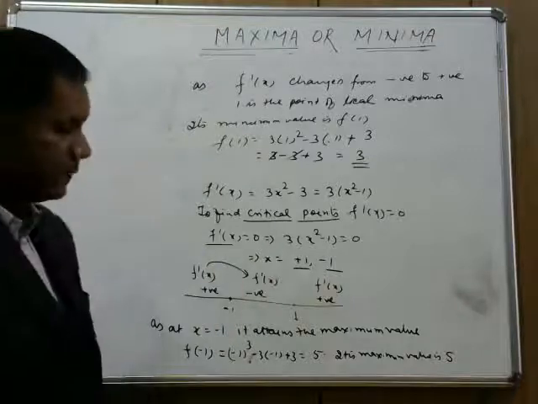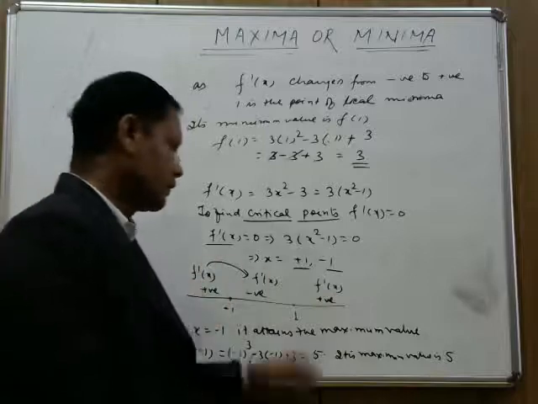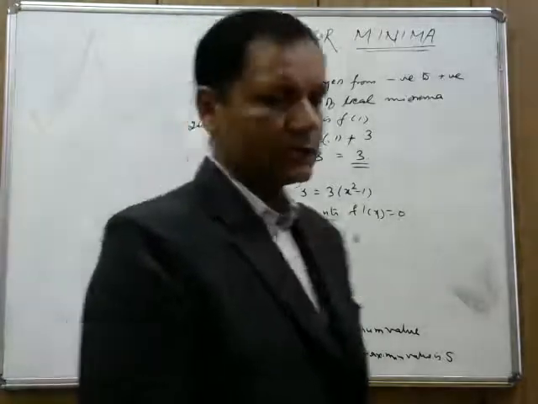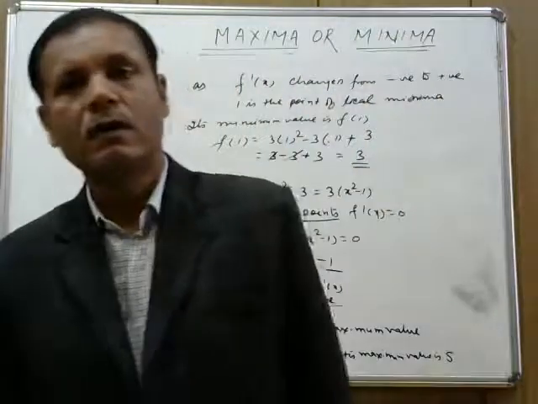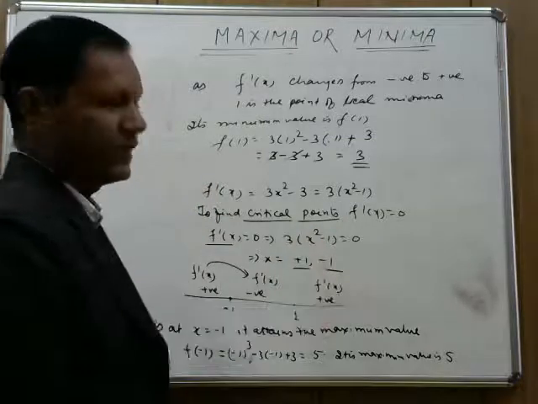Sometimes it happens that its sign does not change from positive to negative or negative to positive. It remains positive to positive or negative to negative. That point is called point of inflection. That I will discuss in the next question.